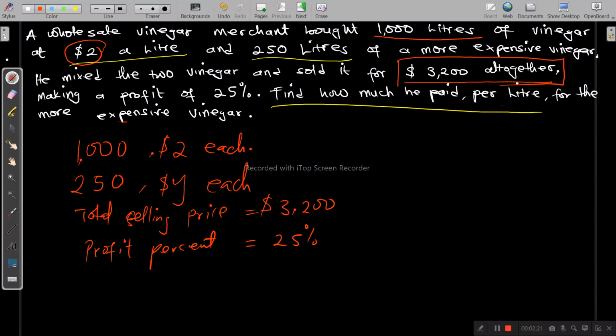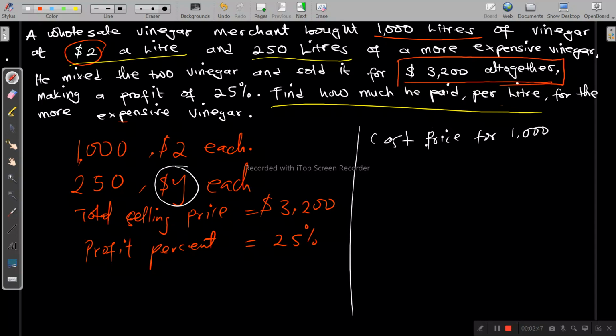So our task here is to find how much he paid per liter for the more expensive vinegar. So we are looking for this quantity here, y. The first thing we can do is say that the cost price for the 1,000 liters is given by the total cost.